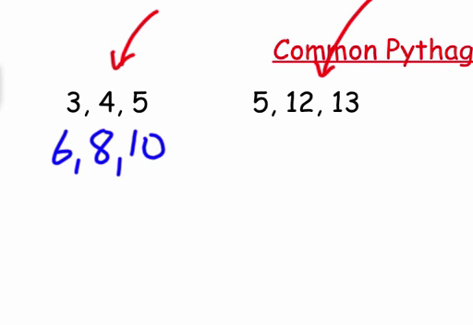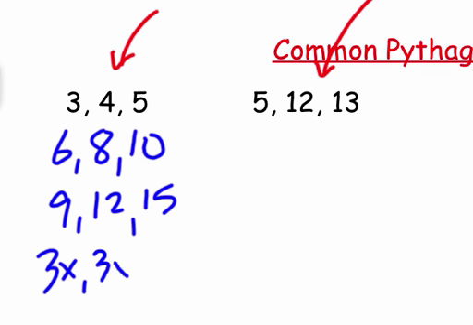Even if I multiply these all by 3: 9, 12, and 15, they're all based off of that 3, 4, 5. So if I take 3 times something, 4 times something, and 5 times something, as long as I take them all times the same number, it's going to be a right triangle. It has to be, because 3, 4, 5 is a right triangle.